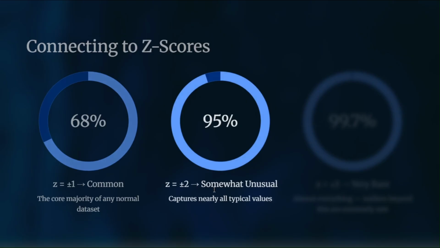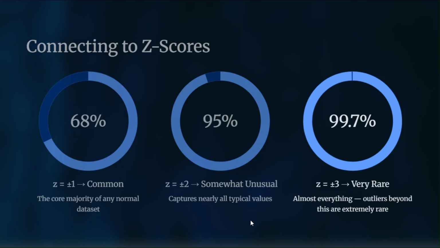If the z-score is between -2 and +2, about 95% of values will fall within that range, so therefore it captures nearly all typical values. However, if the z-score is less than -2 or greater than 2, that will be considered an unusual value because it is outside the 95% band and only about 5% of the values land there.